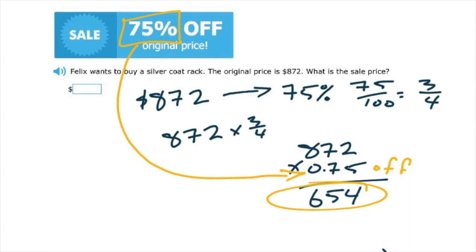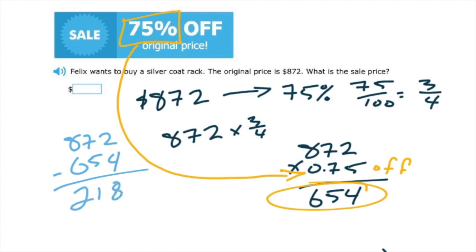So now we have to take our 872 and subtract 654 from that, and that will tell us that our total, when we do our subtraction, is 218. So the final price will be $218. Wow, that is a really great discount, but it's 75% off, and that's why it's a great discount.